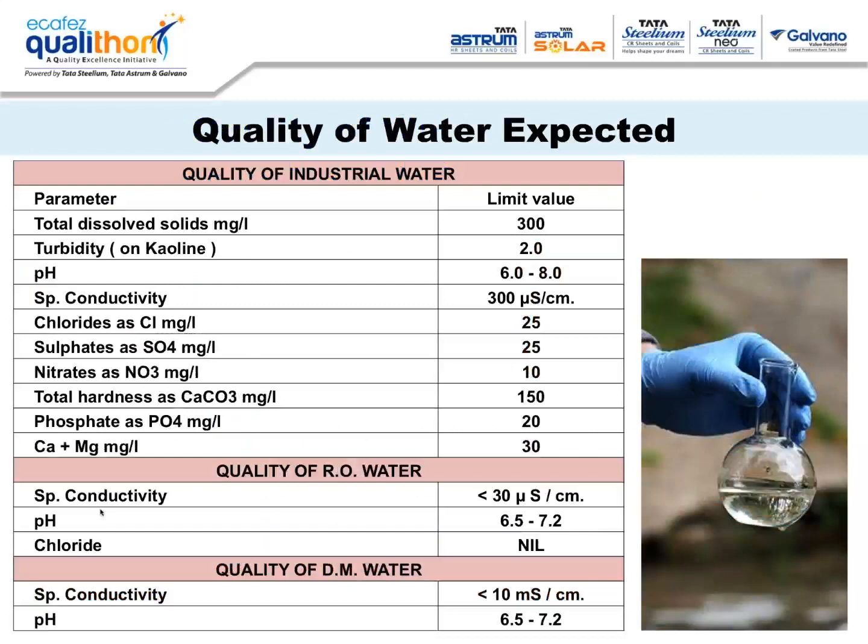If salts are not there at all, the specific conductivity would be as good as zero, because water becomes insulating when there are no dissolved solids in it. When you start adding the solids, that water becomes conductive and we start calling it an electrolyte. So in RO water, if the permissible conductivity is 30 to 50, there would be some amount of salts available in that.